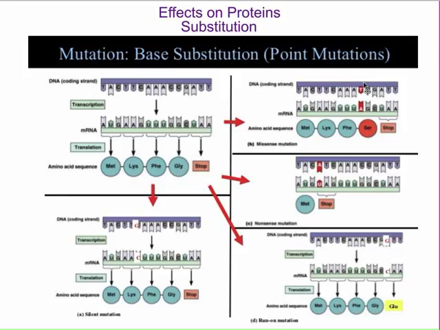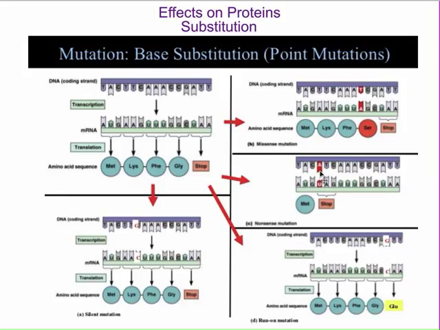But now, with the substitution of the T, it's now a serine, and that's going to change the amino acid sequence, which is going to slightly change the protein, potentially. So the effect could be bad. The effect could actually be good, depending on what this new structure does.